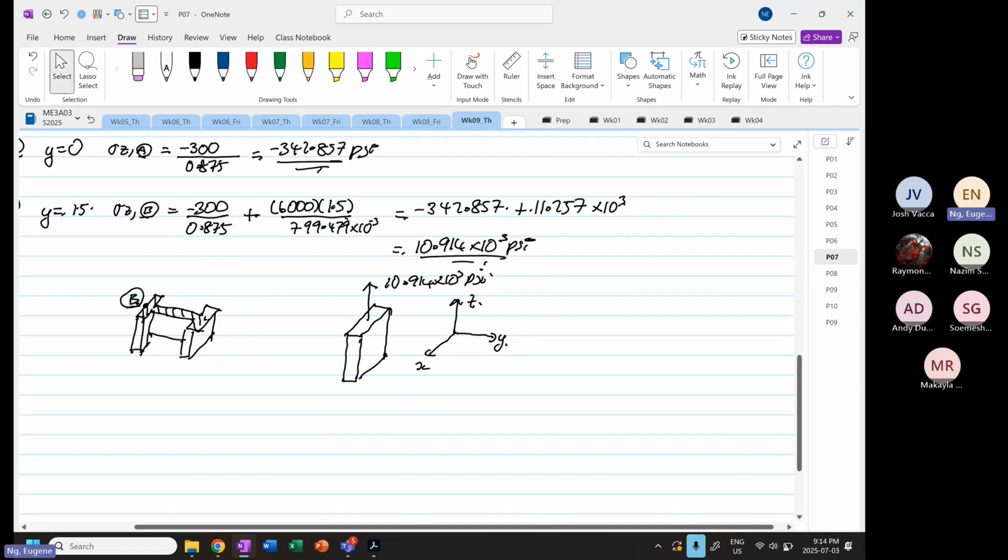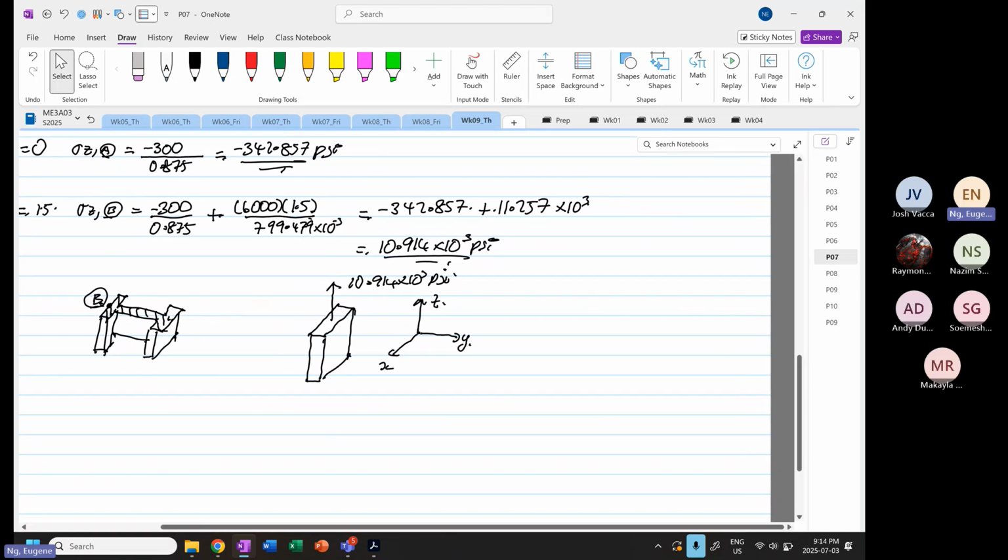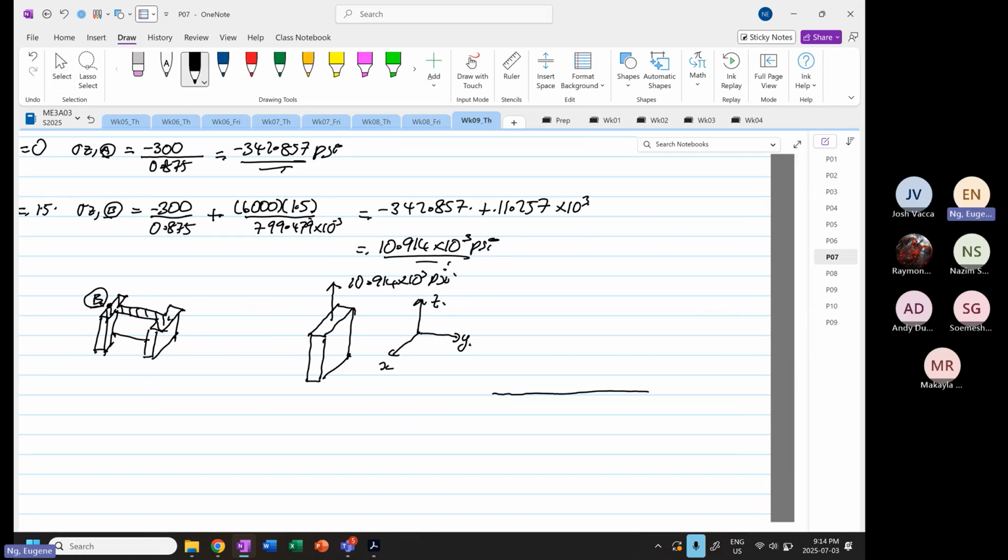Now if we were to go further and do this in a 3D Mohr circle, we know that in a 3D Mohr circle, this is our normal stress, and this is our shearing stress, clockwise and anti-clockwise.